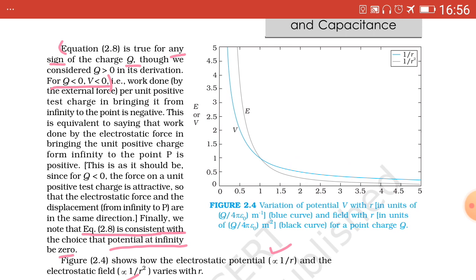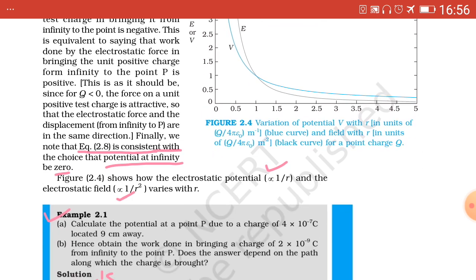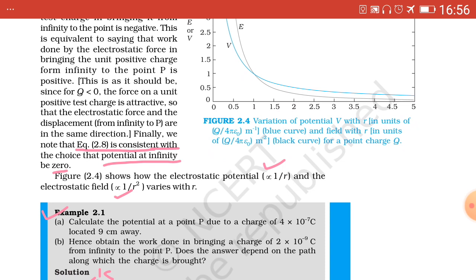Equation 2.8, the last one, is consistent with the fact that potential at infinity is 0. Potential means electrostatic potential or electric potential at the infinite point, which is 0.